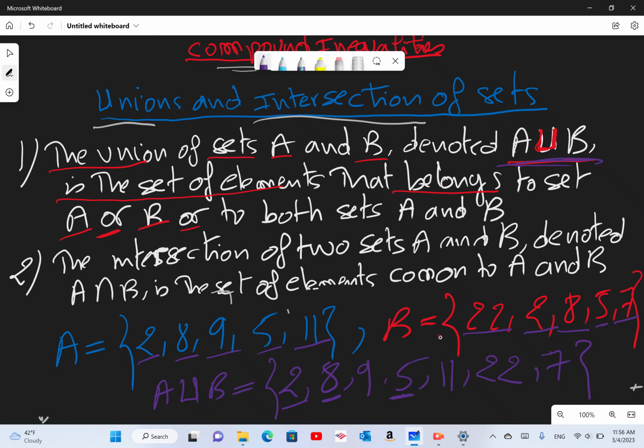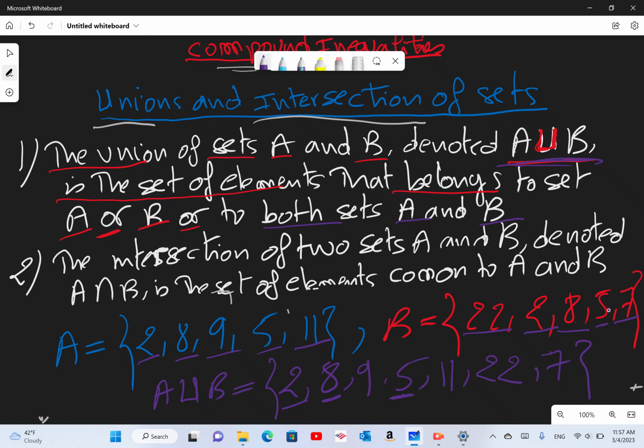all the elements of B, such that we do not repeat the same element. Okay, and that's what it said here. It said it is the set of elements that belongs to set A or B or to both sets A and B. It could also be in A and B, like for 2 and 8 and 5.